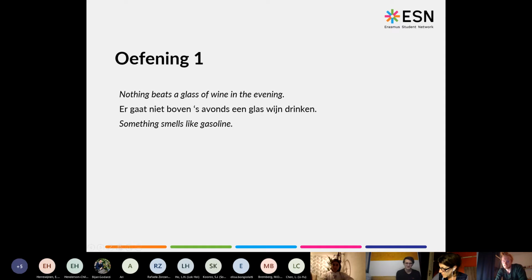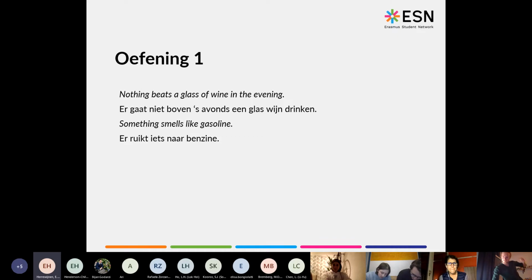All right, maybe we could do this one for someone. Yannick, maybe you can tell me how to translate this? We have er ruikt naar benzine, but we weren't sure if that's right. Almost, I'd say. The ruikt is okay, and then er refers to the something.